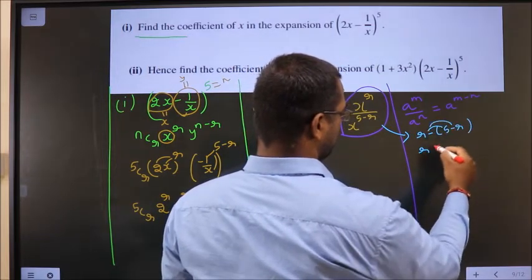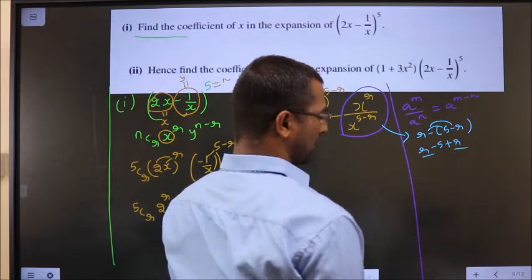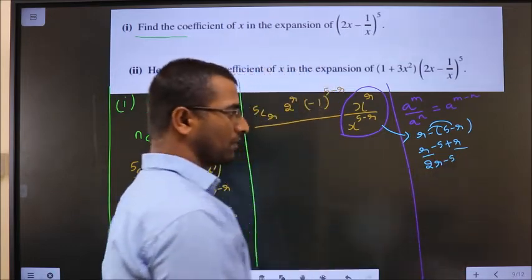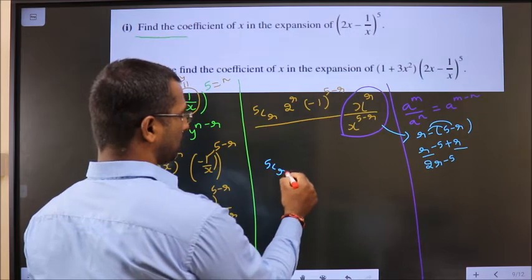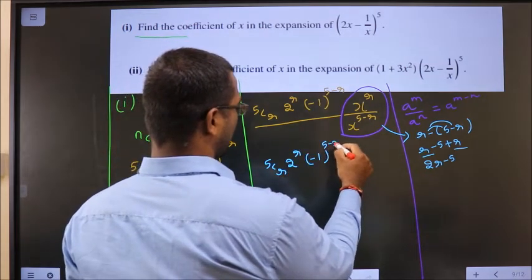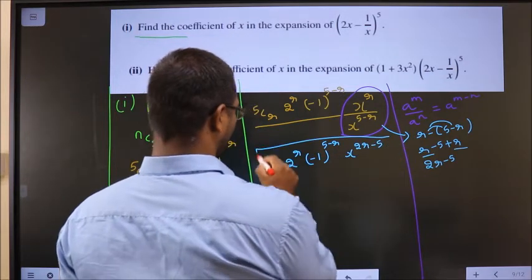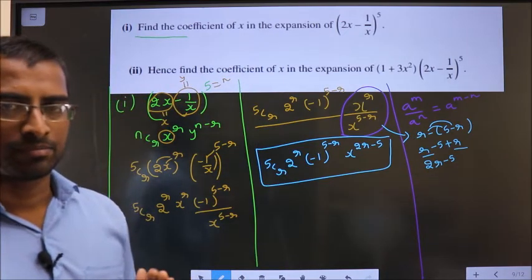Multiply with the negative sign, −5 + r. These two are like terms, so it will result in 2r − 5. So now this will change to 5Cr, 2^r, (−1)^(5−r), x^(2r−5). Now this is our general term.